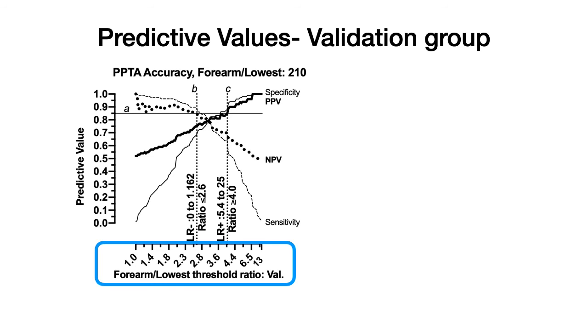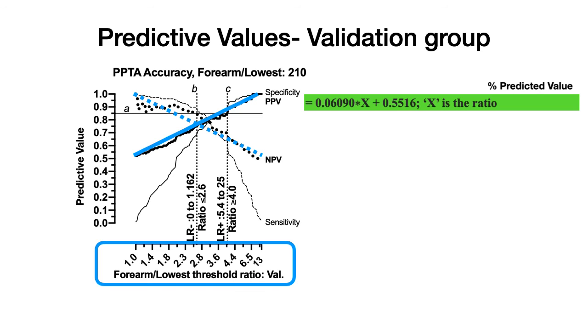As the global ratio goes up, so does the positive predictive value. Conversely, as the ratio goes up, the negative predictive value falls. So this can be very useful in guiding us to the probable diagnosis.